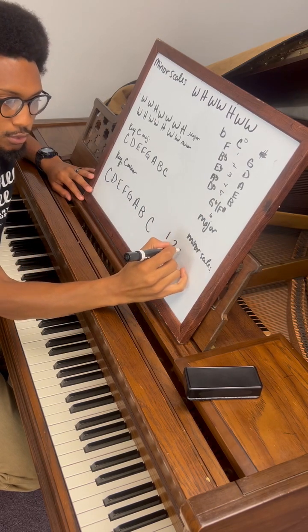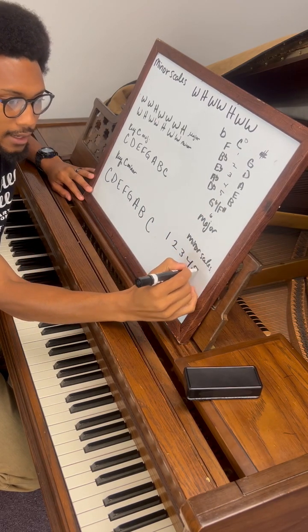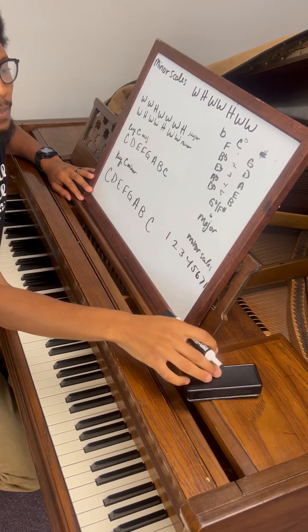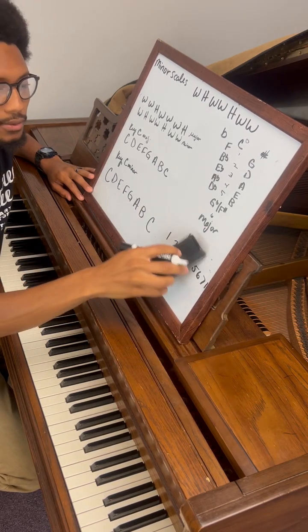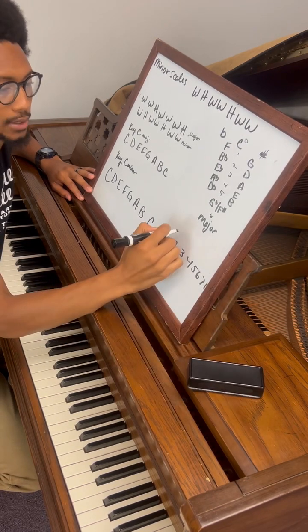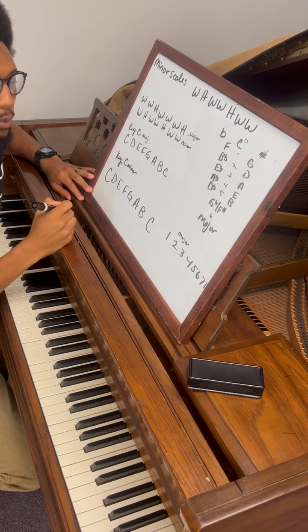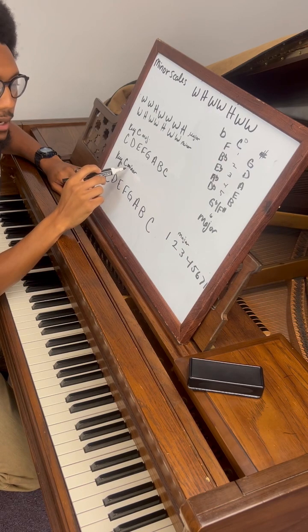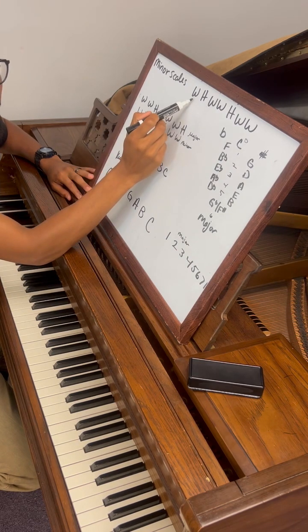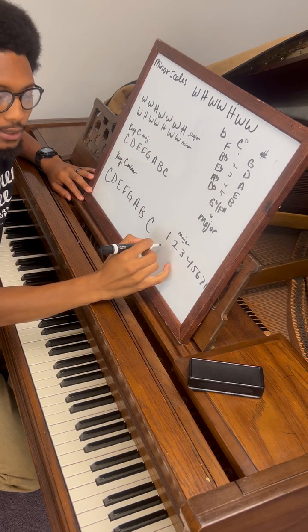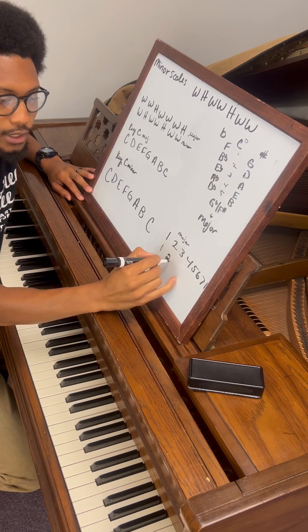It's 1, 2, 3, 4, 5, 6, 7, and 1 again. This is the major positions. When we go to C minor and we're using our minor scale formula, these positions change as well. So now we've got 1, 2.